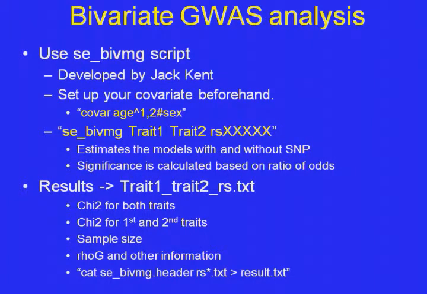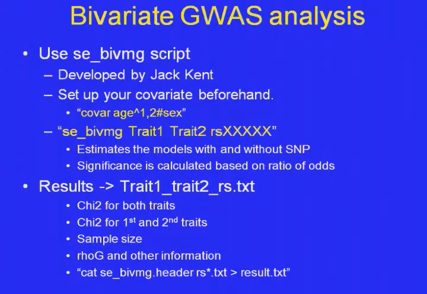Another cool feature about Solar is you can now do bivariate GWAS analysis. This is important because you can see if the shared variability between two or more traits is influenced by a particular allelic frequency. You'll have to use a command called se_bivmg, and this function was developed by Jack Kent.